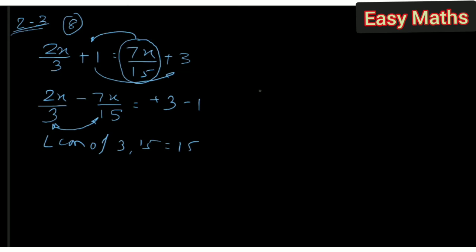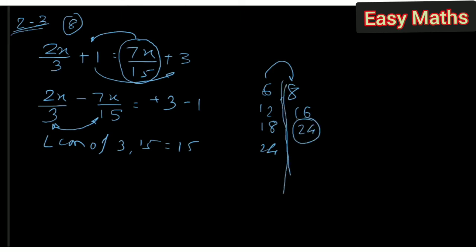If the terms are like this, now 8 does not come in the table of 6. Now how to find the LCM? I am going to tell you a simple method. Just write a few numbers in the table of both, and see which number comes first in both the tables. It is 24, so the LCM is going to be 24.